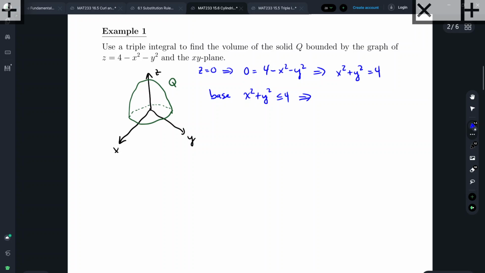And then switching to polar coordinates or cylindrical coordinates, x squared plus y squared is r squared. Writing in terms of r, this says that r is less than or equal to 2. Okay, so that describes this disk on the bottom. So now let's put it together to describe the whole thing in cylindrical coordinates.